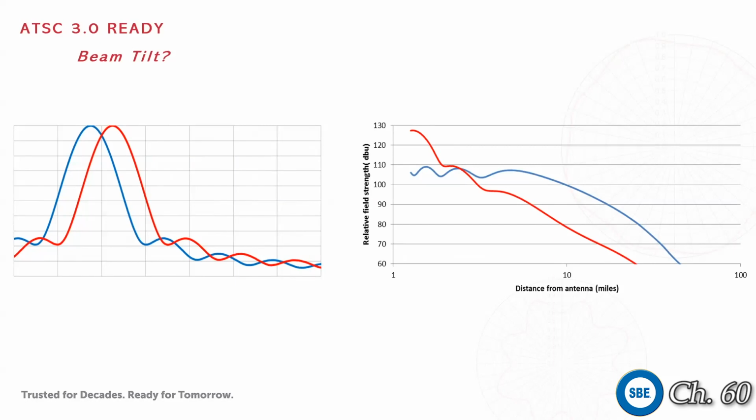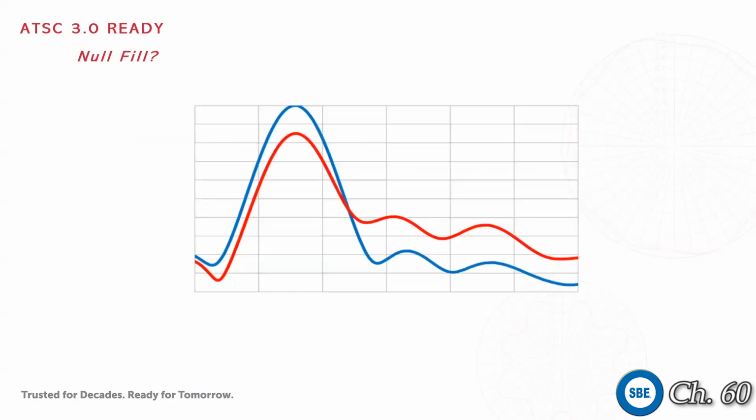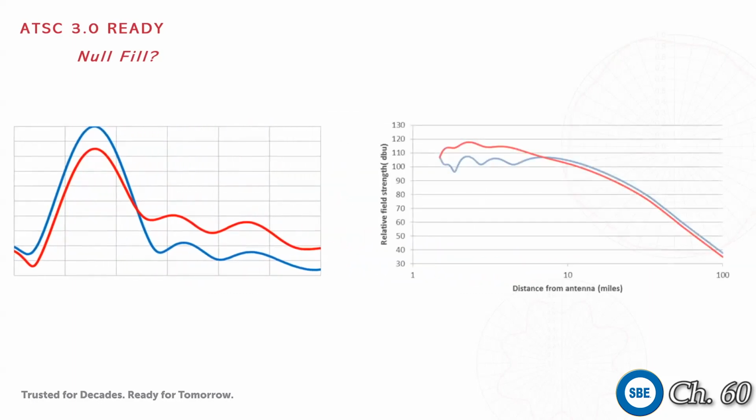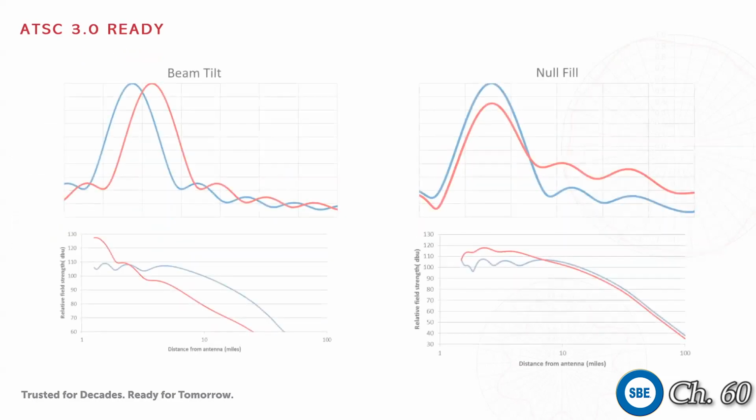The downside is it only works for that first 4 miles before your performance is seriously degraded. A more prudent plan is something called null fill: taking a little bit of power away from the main beam of the antenna and pushing it a little lower in the elevation pattern. As we can see, this gives us a similar level of performance jump, but without the complete degradation at the far reaches.